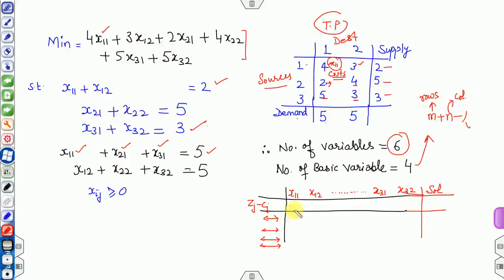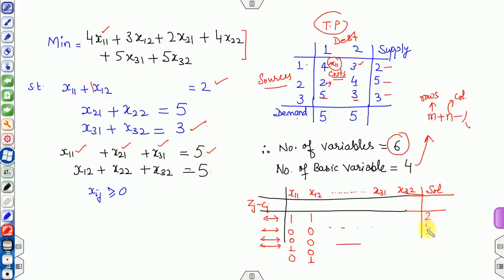Or otherwise, when you substitute here, look at that, the column of x11 is 1, 0, 0, 1, 0. Similarly, for x12 it is 1, 0, 0, 0, 1, and so on. So look at that, the problem is very complicated, very complex.